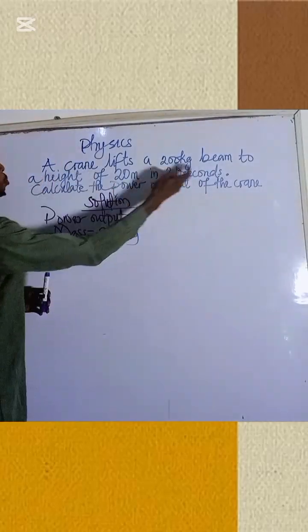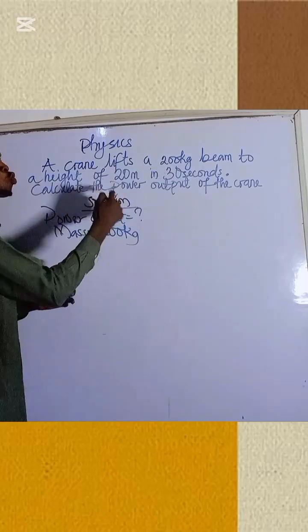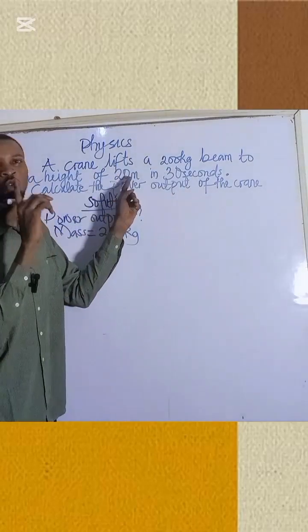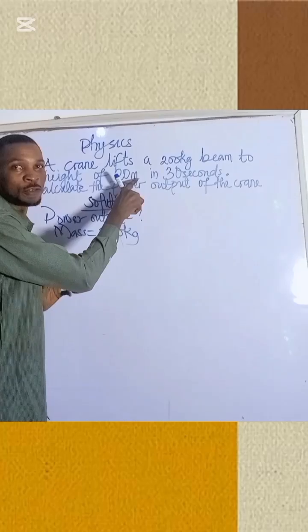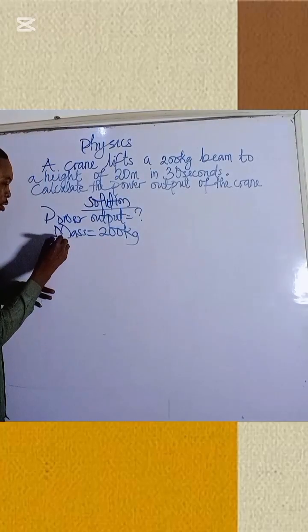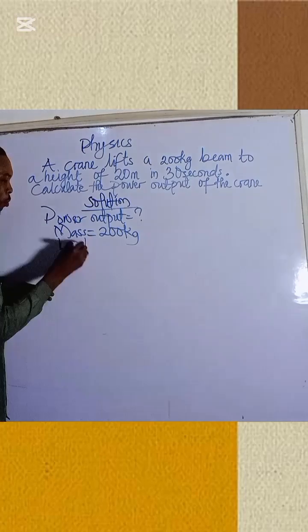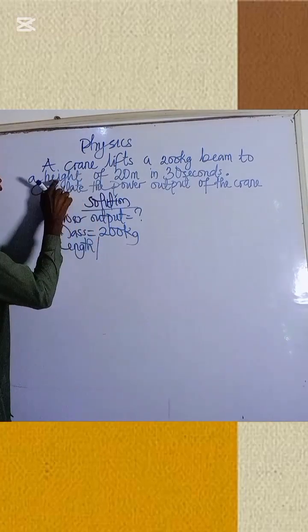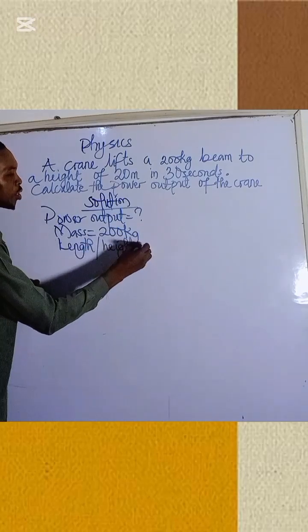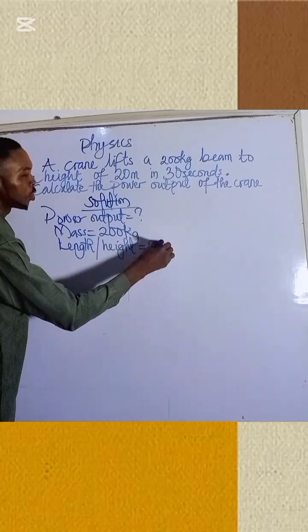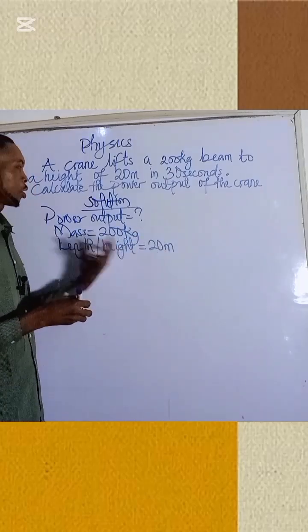Now, a height of 20 meters. Whenever you see a number with the letter m, it means length. But in the case of this question, it represents height. Whether it is height, length, or breadth, they all have the same symbol.